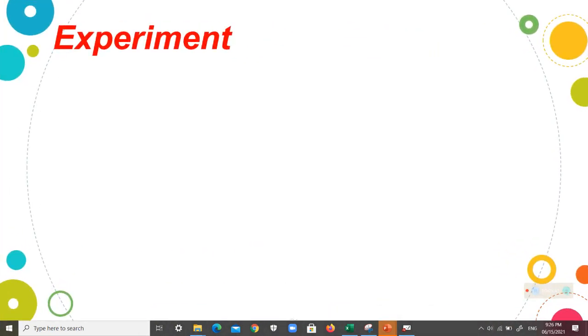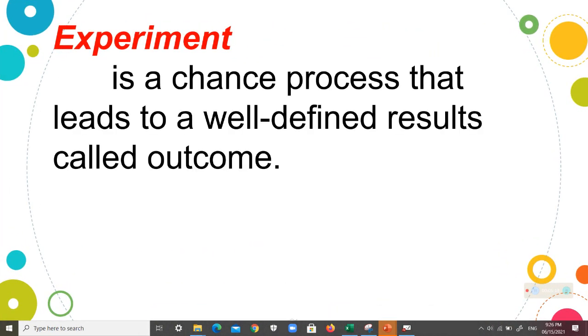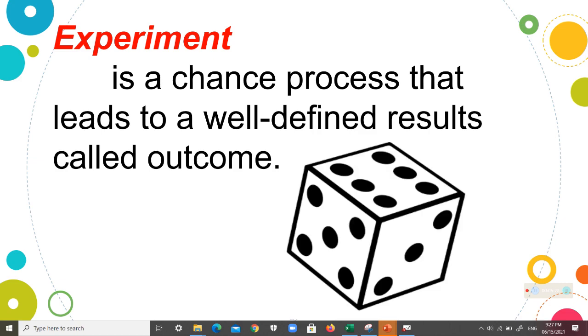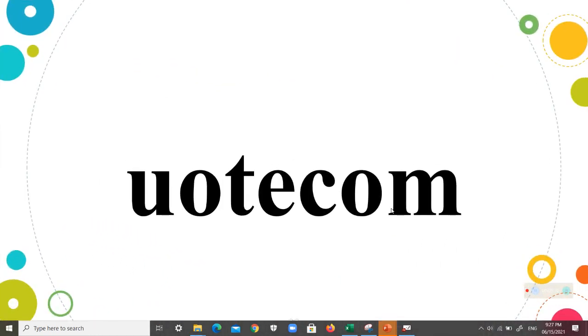What do we mean by experiment? An experiment is a chance process that leads to well-defined results called outcomes. An example of this is rolling a die. Die is the singular form of dice, because dice is the plural word.